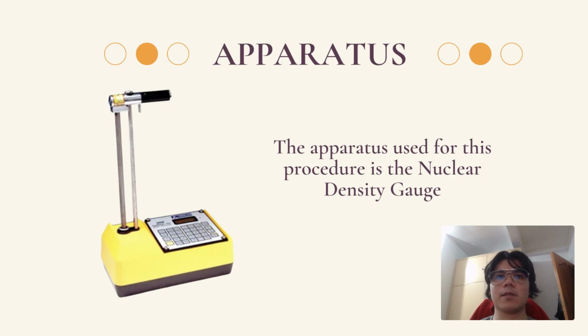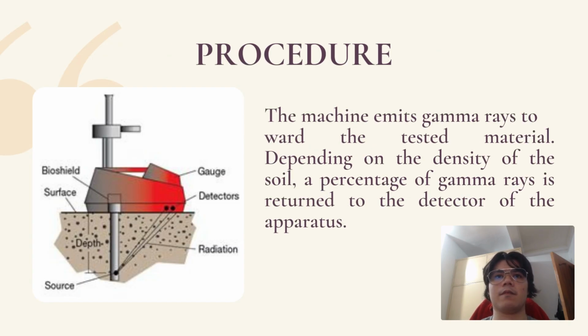The apparatus used for this procedure is the nuclear density gauge. To use this machine, the rod of the apparatus is inserted into the sample to be tested, and the machine emits gamma rays toward the tested material, which react to the electrons of the tested sample.